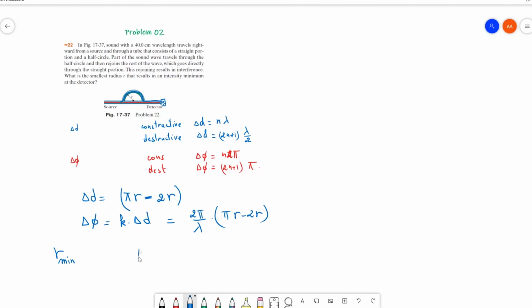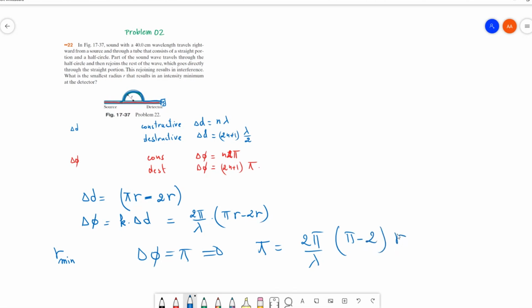So delta phi is equal to pi. This will lead us to pi is equal to this formula here, 2 pi over lambda times (pi minus 2), and I take r as a factor.